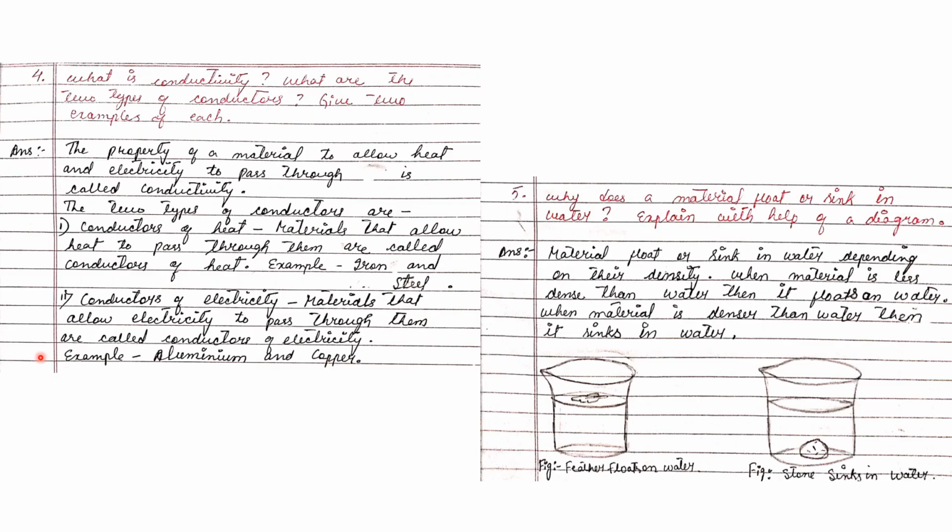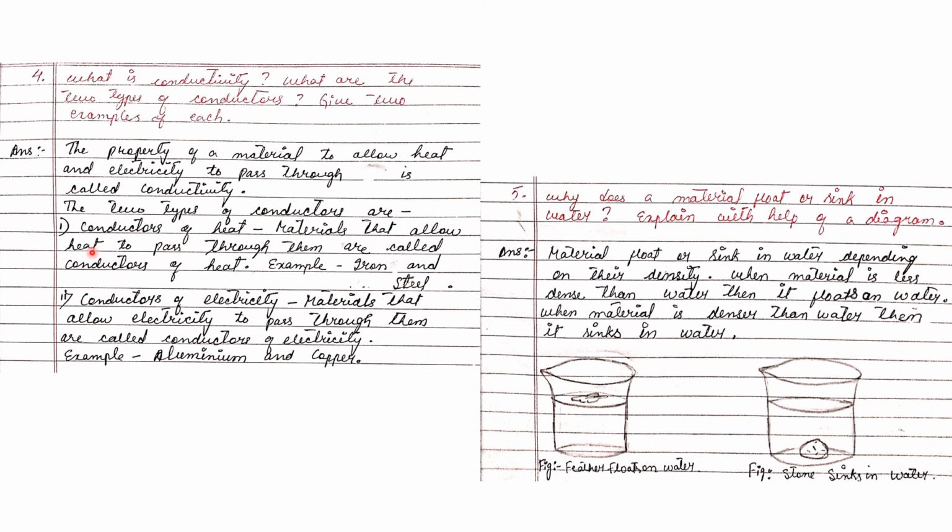Now number 4, we will see what is conductivity, what are the two types of conductors, give two examples of each. The property of a material to allow heat or electricity to pass through is called conductivity. The two types of conductors are conductors of heat and conductors of electricity. We will see what is conductors of heat.